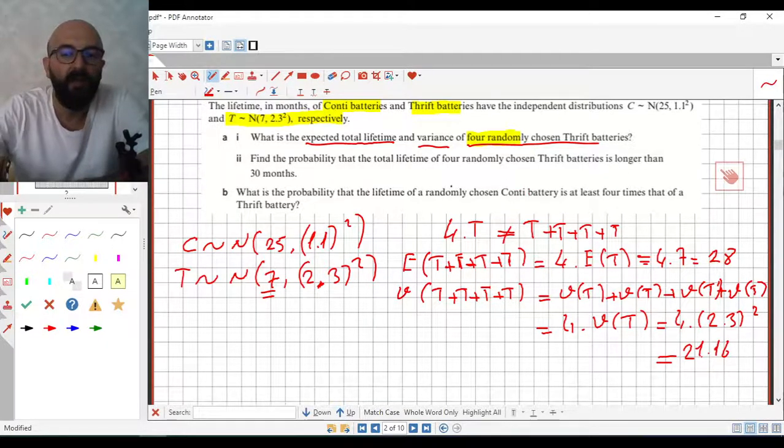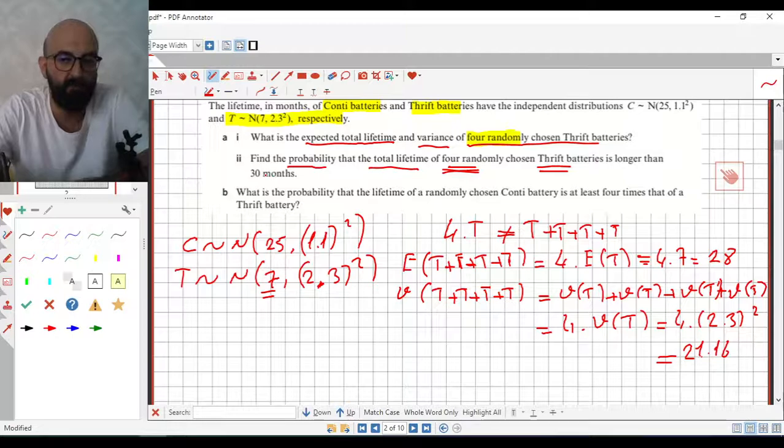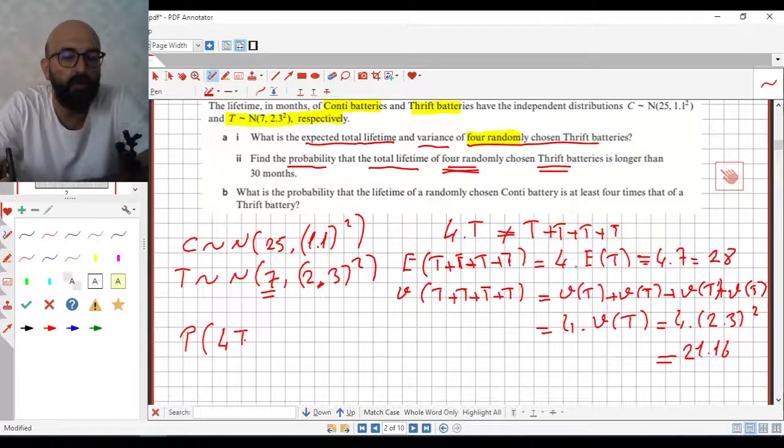Okay, now the other section: find the probability that the total life of 4 randomly chosen Tift batteries is longer than 30 months. Now we want to find the probability that 4 randomly chosen Tift batteries last longer than 30 months.